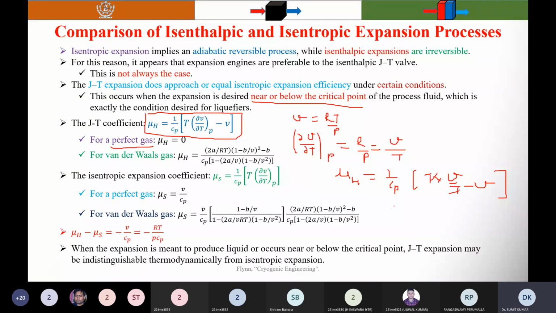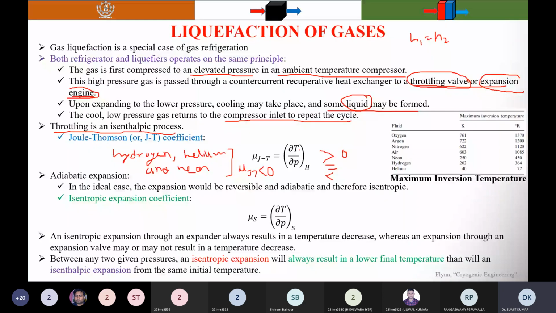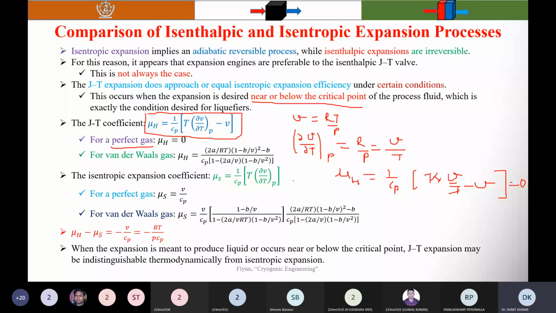For the perfect gas, mu H equal to 0 means that if you are reducing the pressure, nothing happens. You remember that mu H is the change in temperature with respect to the change in pressure during the isenthalpic process. So a perfect gas would not experience any temperature change upon expansion through the expansion valve.